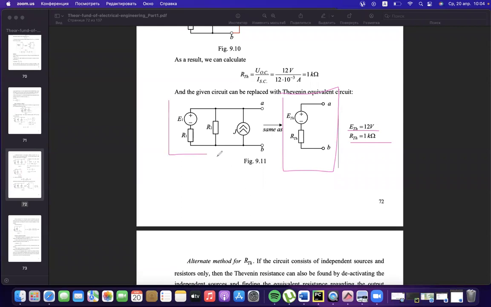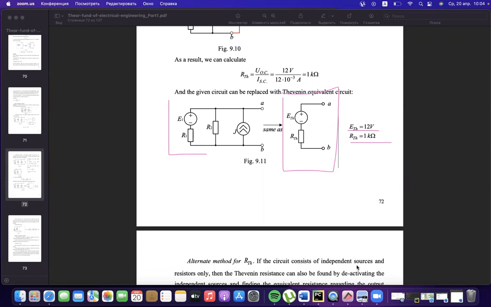Simplifying the initial circuit into this one could be done for any circuit. Even if you have thousands of elements, you could simplify them using Thevenin's theorem.